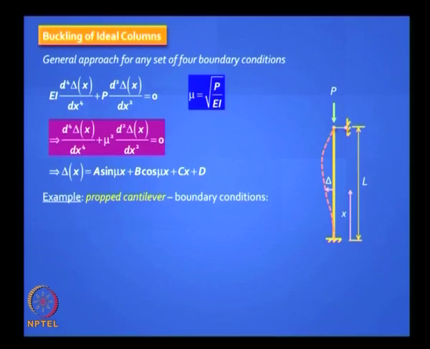Let's take this propped cantilever case, the third case we are going to look at. What would be the 4 boundary conditions you will apply? At x equal to 0, delta is 0, delta dash, theta, is 0, at x equal to L, delta is 0, you still need a fourth equation.